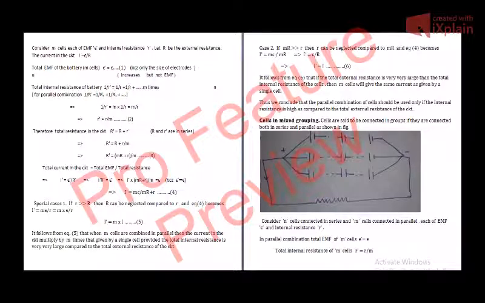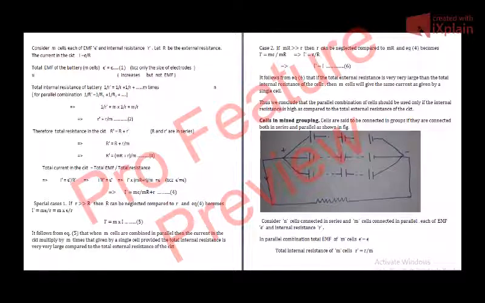Now let us discuss two special cases here also. The first special case is if R is smaller than small r, that is, if the total internal resistance of the cells is large as compared to the external resistance, then MR can be neglected, so that I dash will be equal to ME upon r, means I dash will be equal to M into E upon r, that is I dash will be equal to M into I. So what happens?